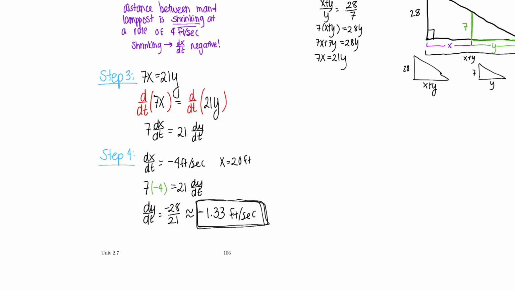So the 28 over 7. Do you mean the 28 over 21? Oh, right over here is what you're saying.